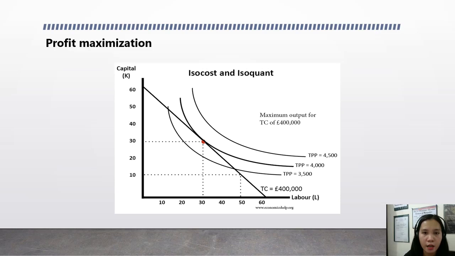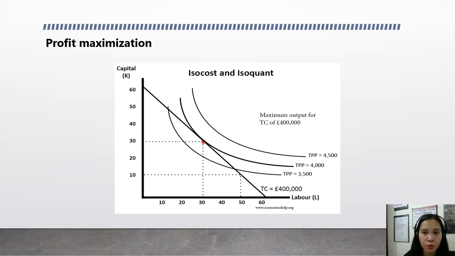As an example, we have one isocost and three isoquants. With the isocost of 400,000 total cost, the maximum output the firm can manage would be a TPP, or total physical product, of 4,000.